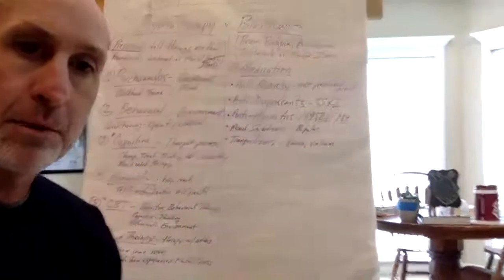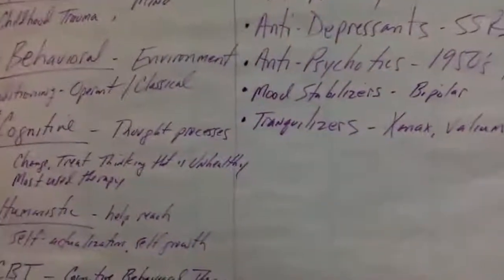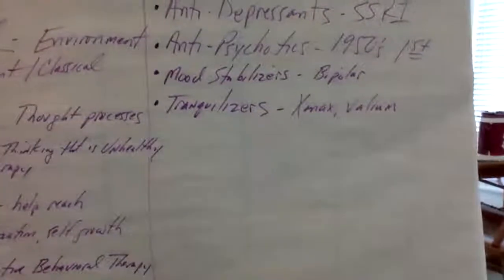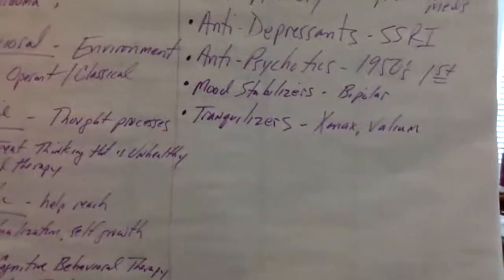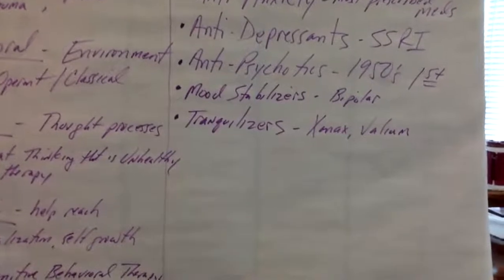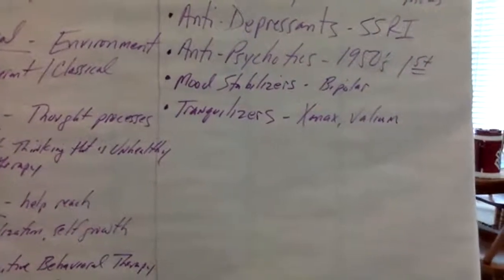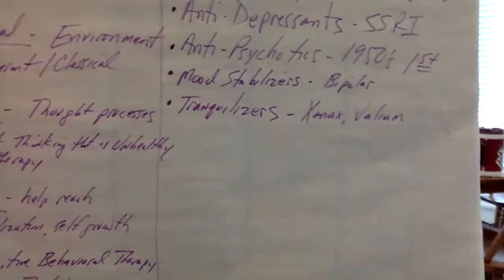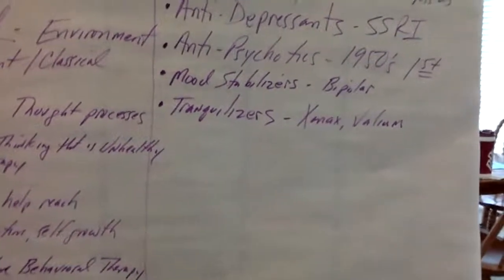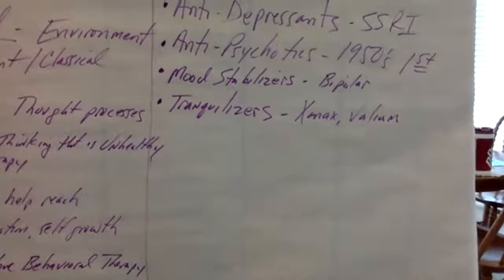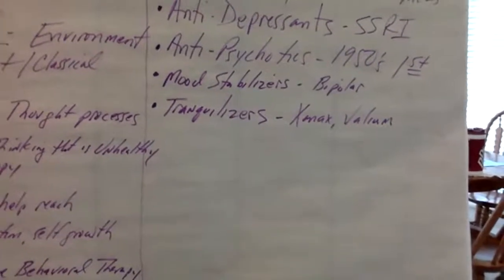Okay, we're going to put tranquilizers. Most of you have heard of these. So these are medications that basically sedate my nervous system, and are used a lot in disorders that involve panic attacks. Xanax is probably the most prescribed medication.